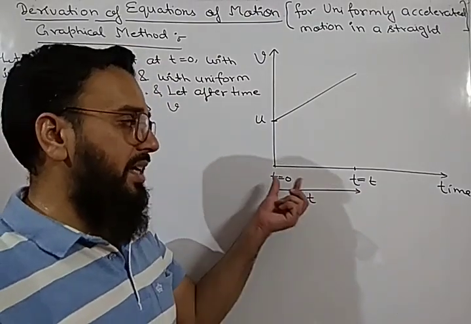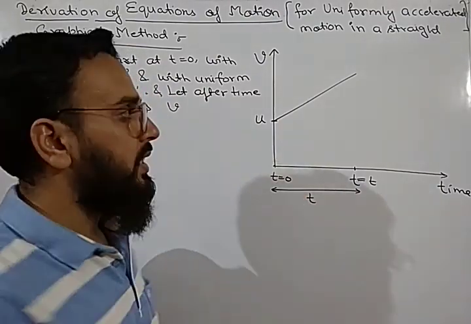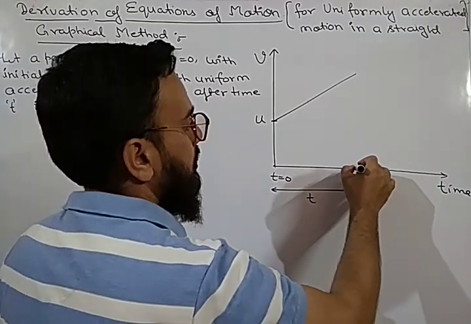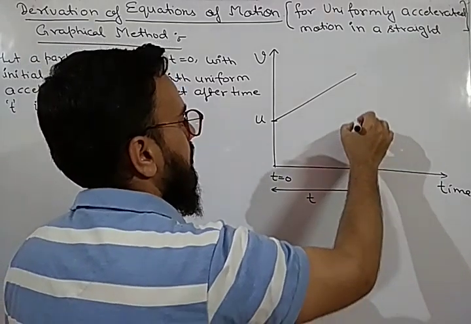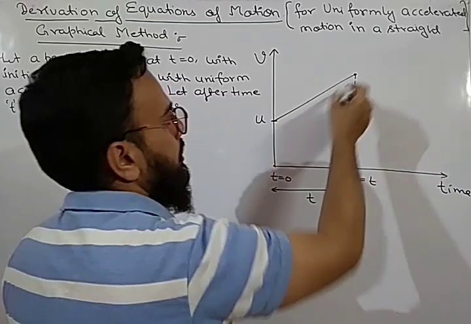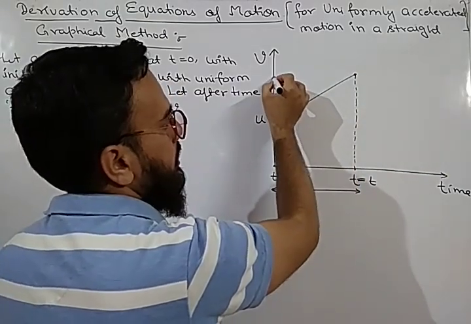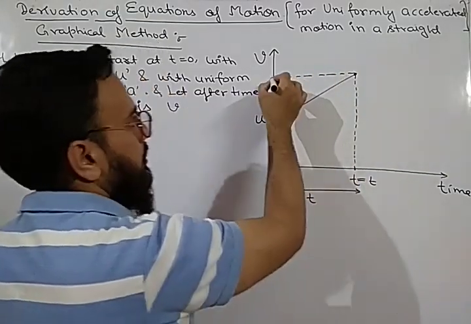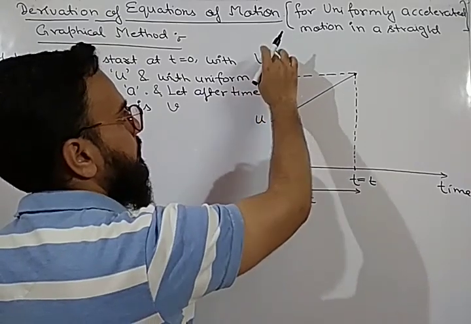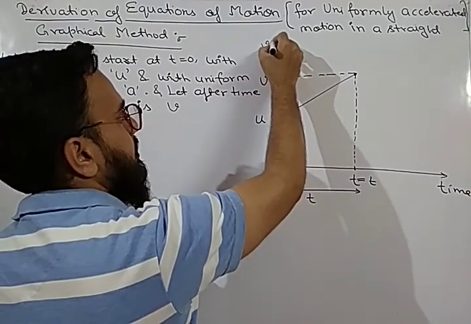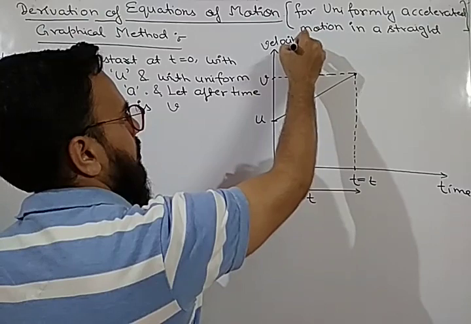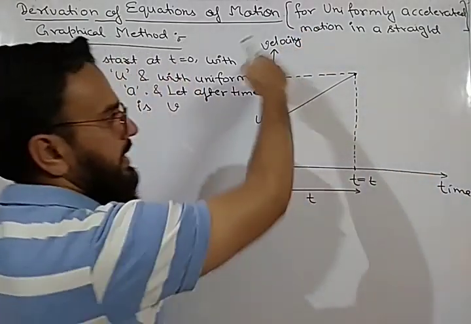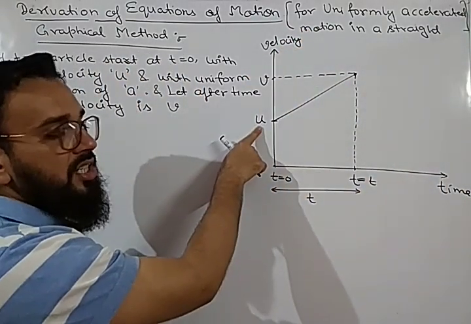So the time taken during the motion is small t, and after this time interval the velocity increases up to this point. Now consider the velocity at this point as v. This is our velocity axis, so I am writing here velocity and here time. This is our initial velocity.